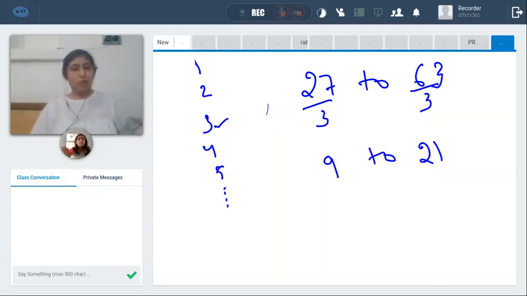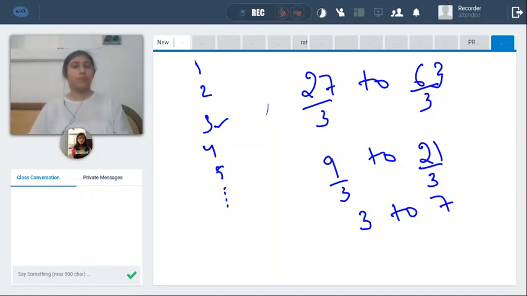Is there again some common factor? Yes, it's again 3. So you have to divide until you get it into the simplest form. So it becomes 3 to 7, right? Is there one more way that you can divide it? No. So this is actually the simplest form. You have to move from the complex form to the simplest form until it cannot be divided further. Okay? So I think this is enough for today, right?